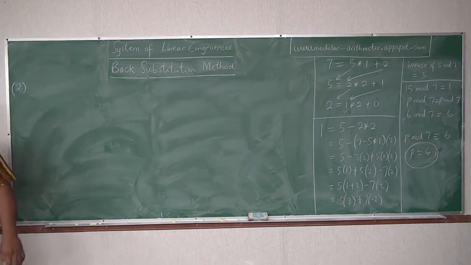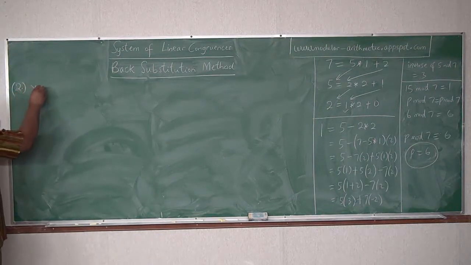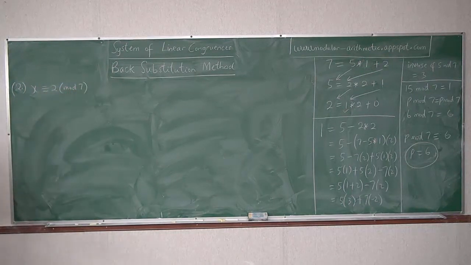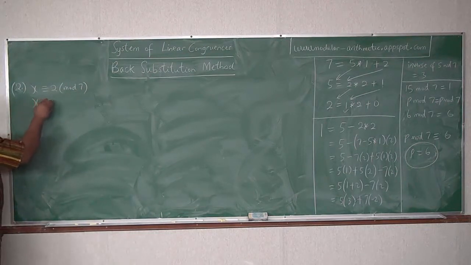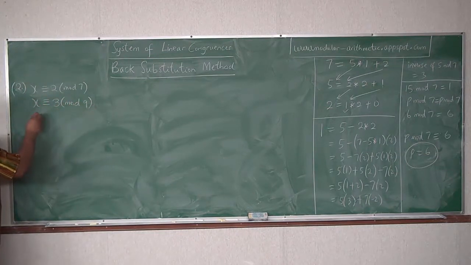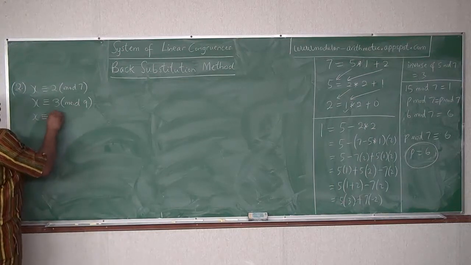So we have the one we did with the Chinese remainder theorem video. x is congruent to 2 in mod 7. x is congruent to 3 in mod 9. x is congruent to 5 in mod 10.